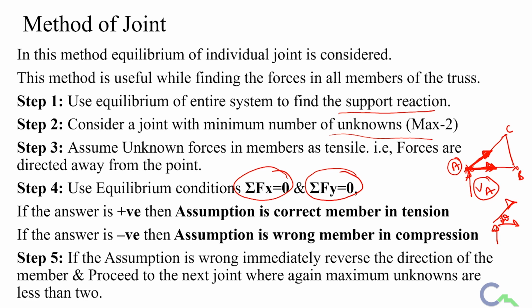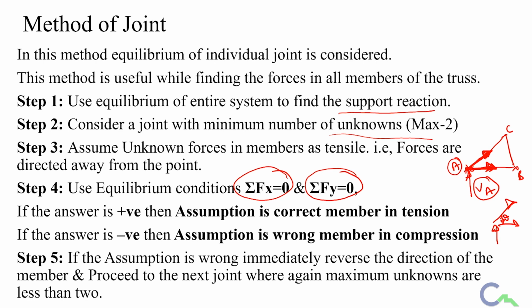In the fifth step, I have to find one more joint which has the minimum number of unknowns, applying the previous loads already calculated. By seeing the answer, we have to take either compression or tension. If I get a negative answer, I have to modify it while considering the next joint. While solving the problem, I am going to explain each and every step.